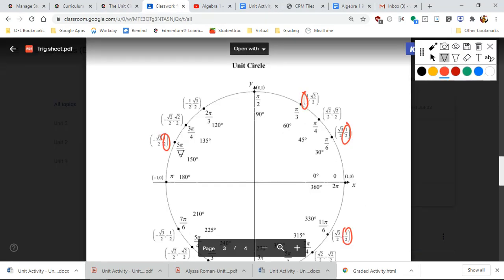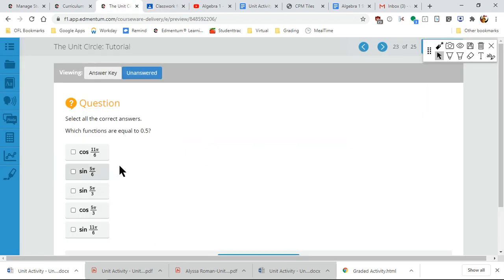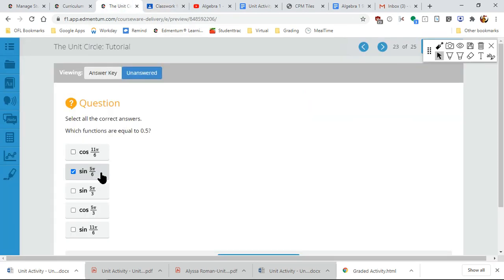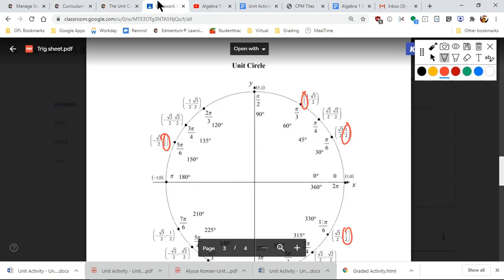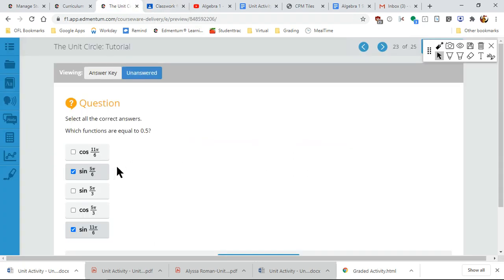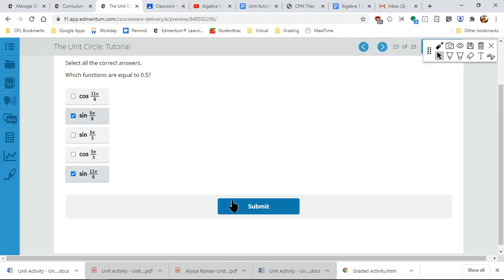Or sine at 5/6 of pi. Sine 5/6 of pi. Perfect. And I also have one at sine 11/6. Cosine at 5/3. 5/3 would be over here. Not quite, because that's going to be a negative. So those should be my only answers.